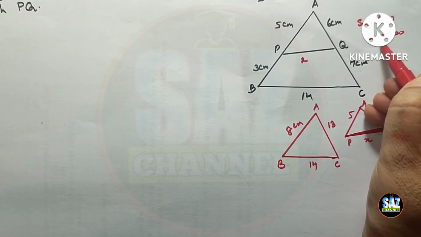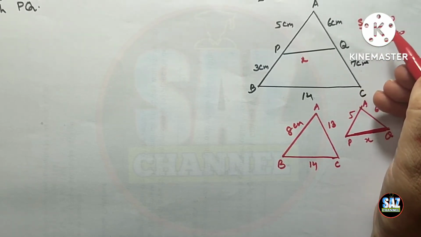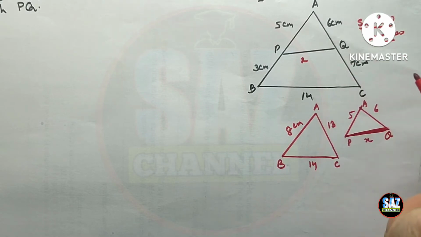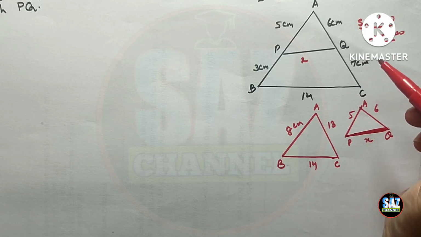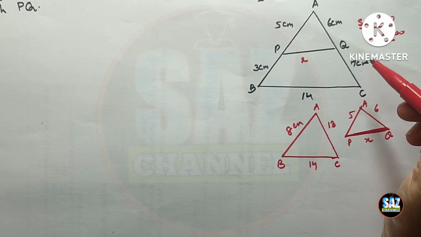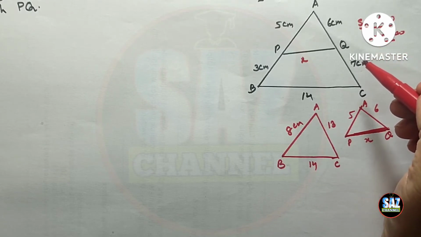Sine law we cannot apply in the beginning because none of the angles is given. So we have to apply cosine law in the beginning to find one angle of the triangle. That will help me in finding the actual requirement of the question.